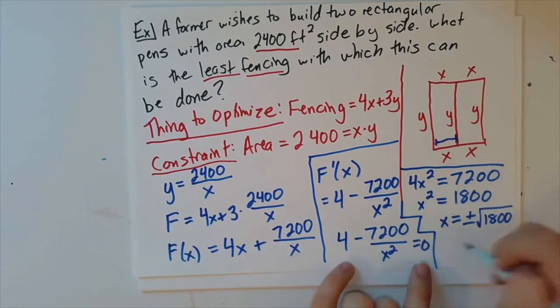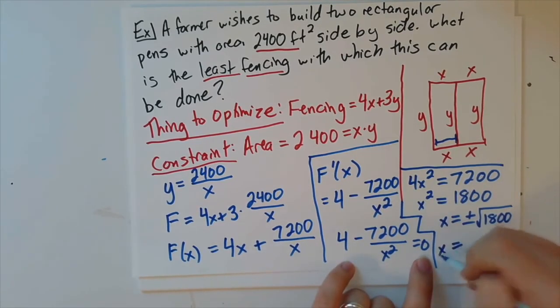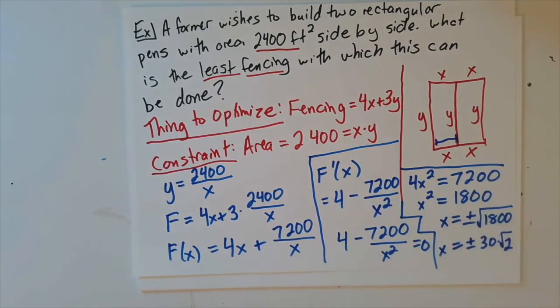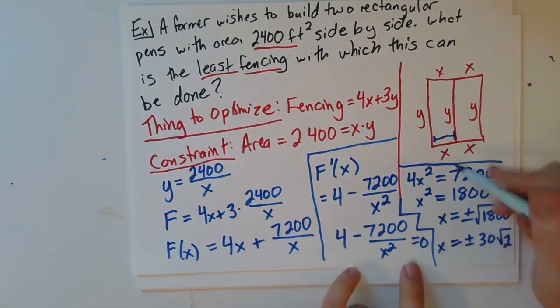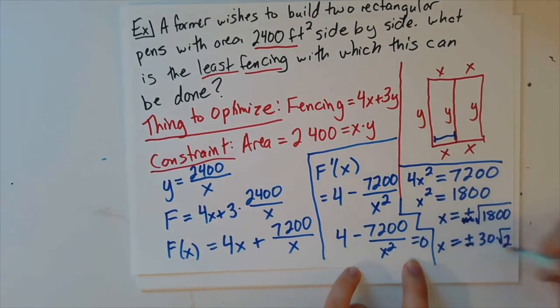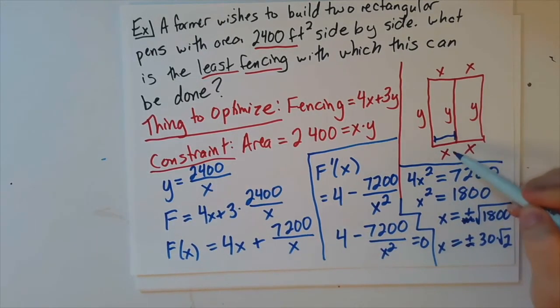Okay, which is the same thing, by the way, as saying x is plus or minus 30 times the square root of 2. By the way, the minus makes no sense because the x here is a width. So I definitely don't want the width here to be negative.